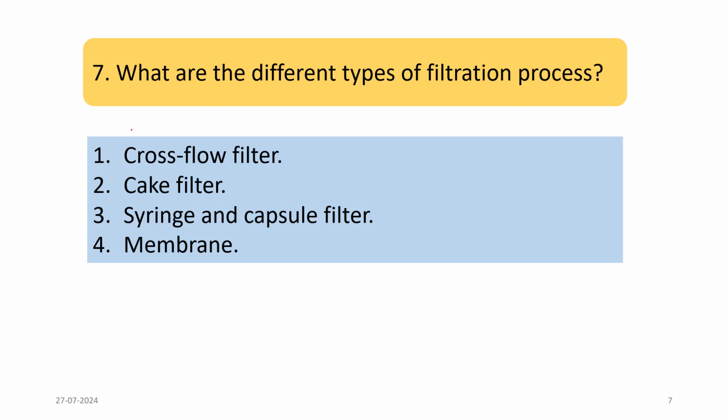In the cake filter, the cake is formed by the accumulation of the solid. In the syringe capsule filter, the filter is designed with a lock at inlet and fitting on the outlet of a syringe. And for the membrane, we use different types, like the cellulose membrane and nylon membrane, for separation of different size of particles.